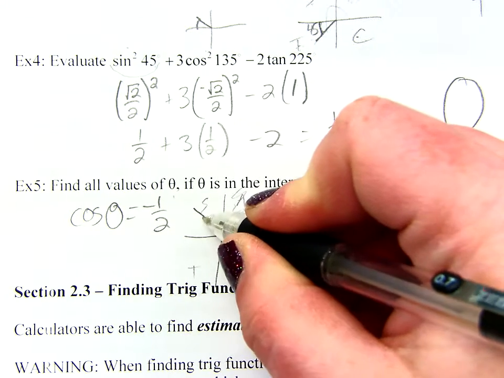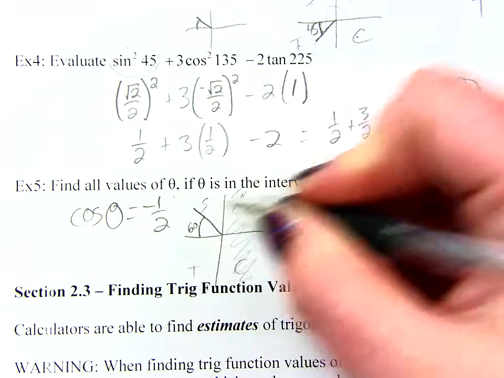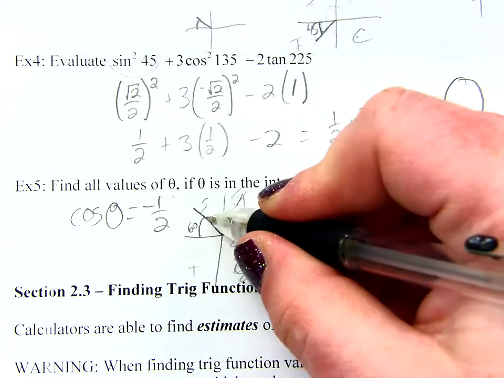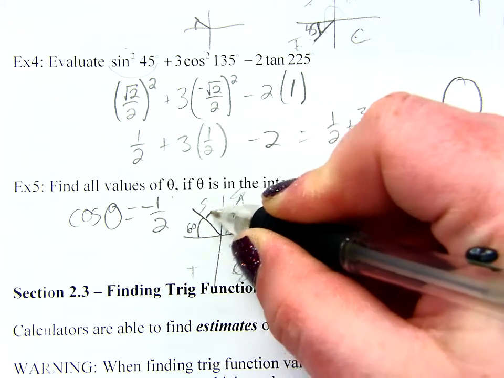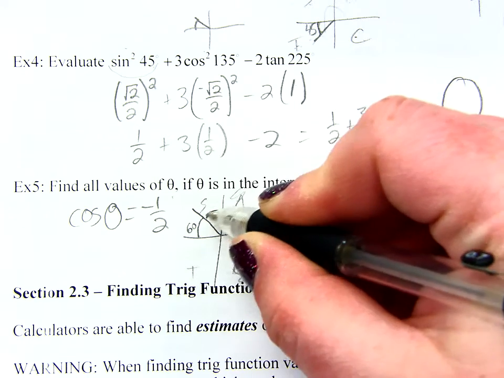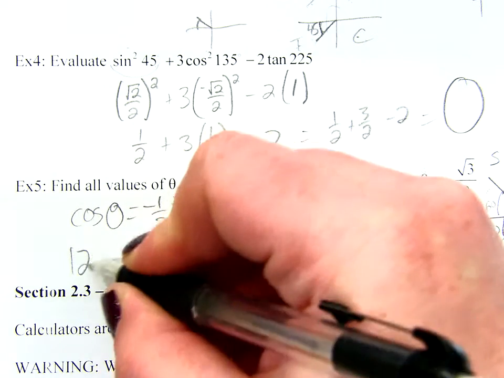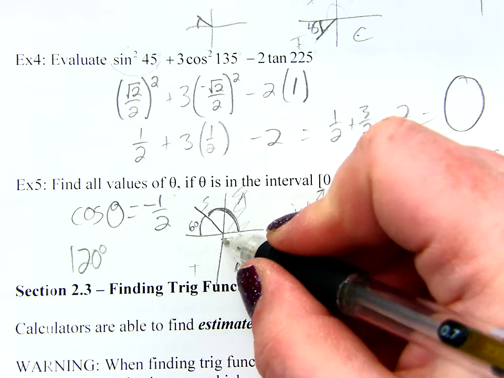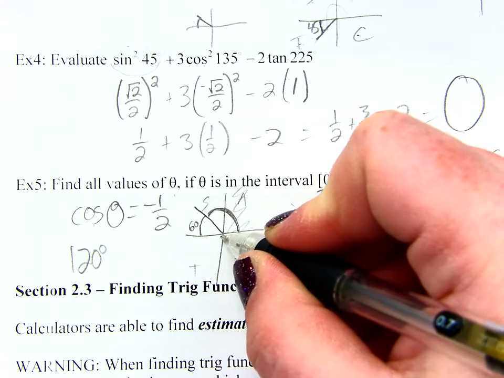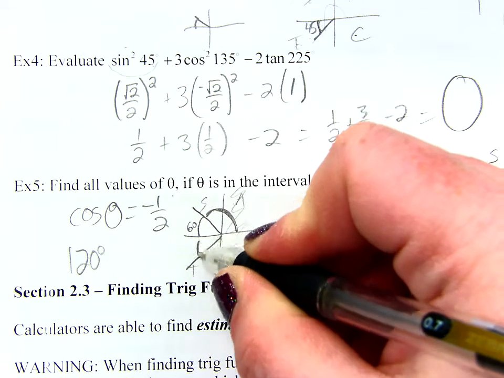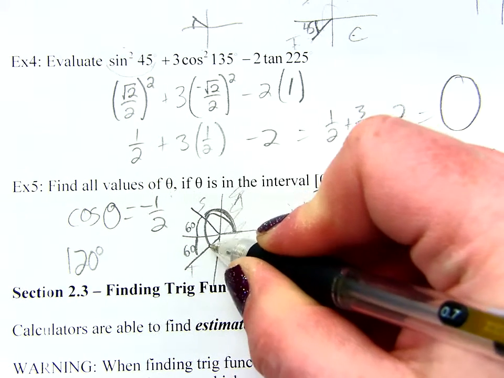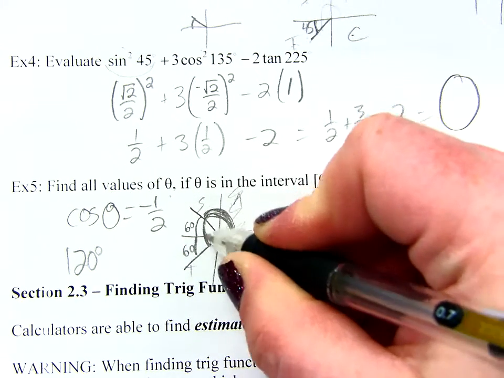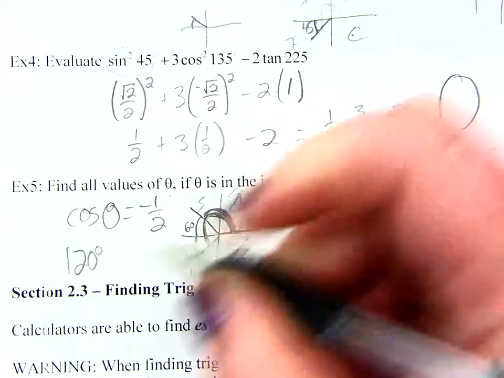So if this were a 60-degree angle, this angle would be 120, so that's one of my answers. And the other one would have the 60-degree angle here, which means it would be from here all the way to here, and that's the 240.